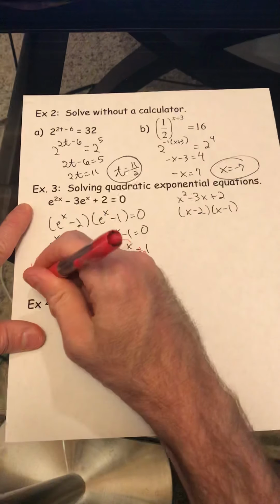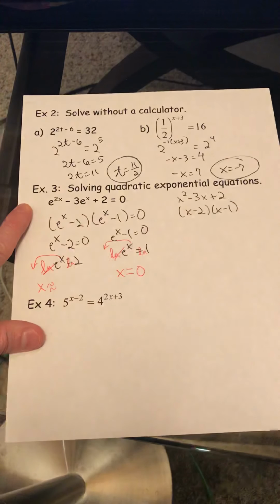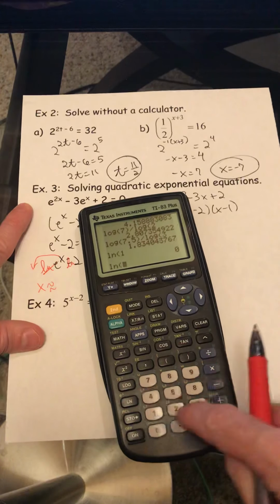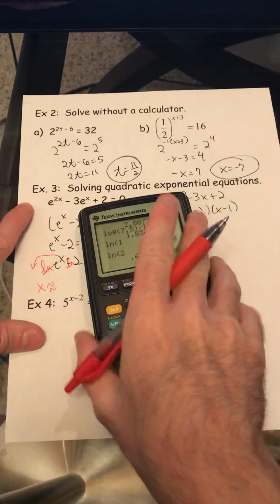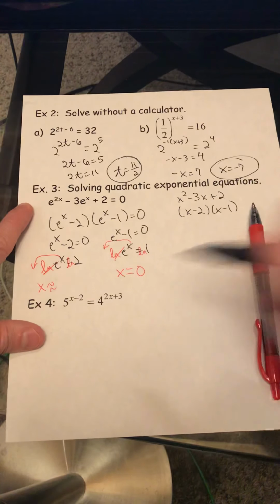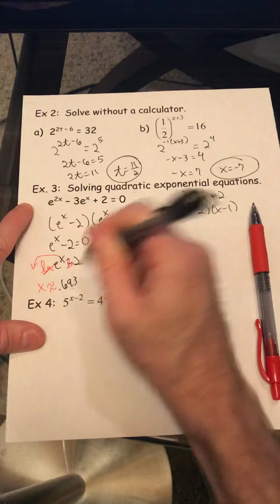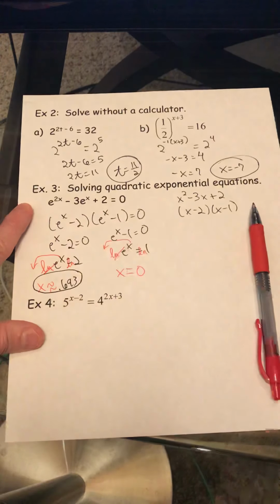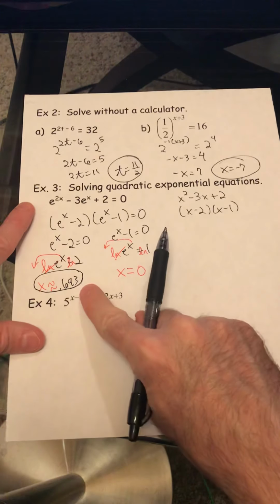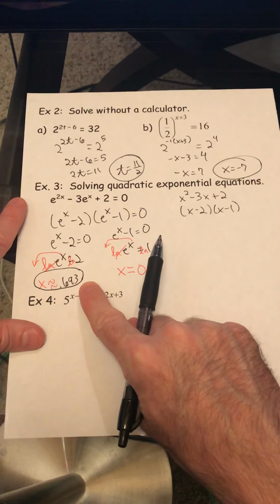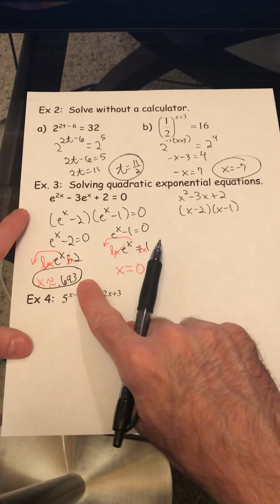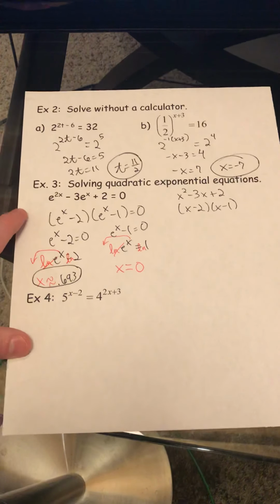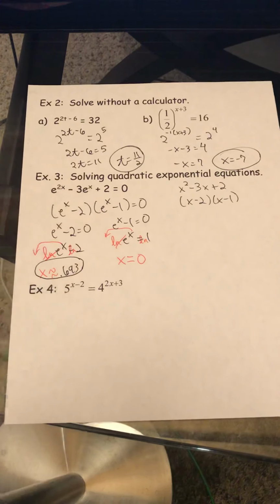Now the other one, natural log of 2, does not come out nice and neat. 0.693. I realize we know where it said to go to any set decimal place, but everything else we've gone 3 places, so I'll stay consistent with that. So, solving quadratics, you can factor with e. Whether or not you did any of that last year in Algebra 2, I don't know. Good chance that's something that is entirely new.